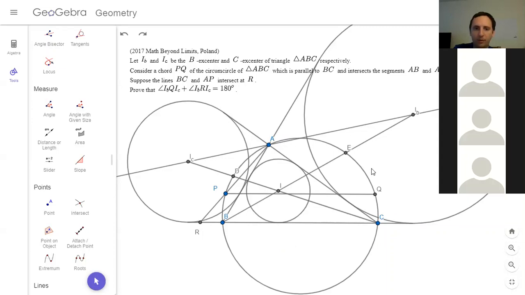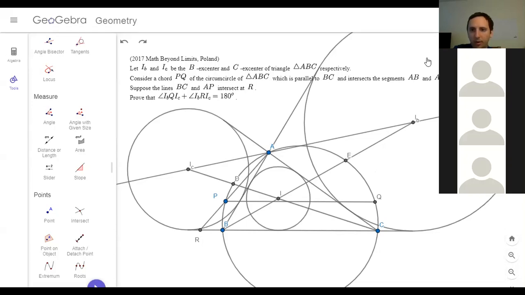I don't know if that helps a lot. I think we should move angle IBRIC near P. Okay. How do we do that? Let's see.